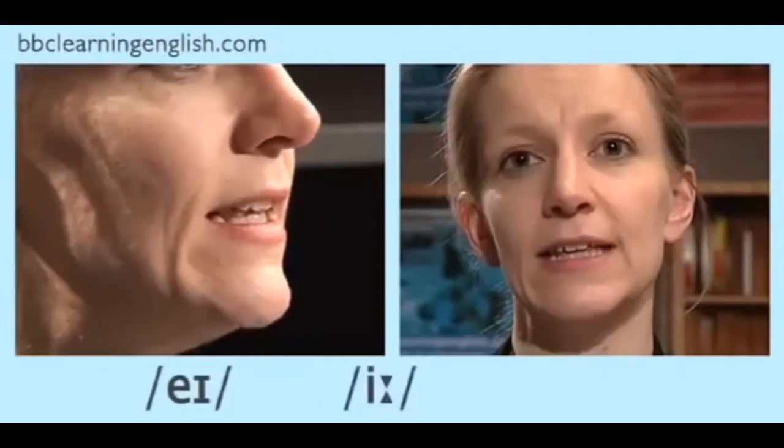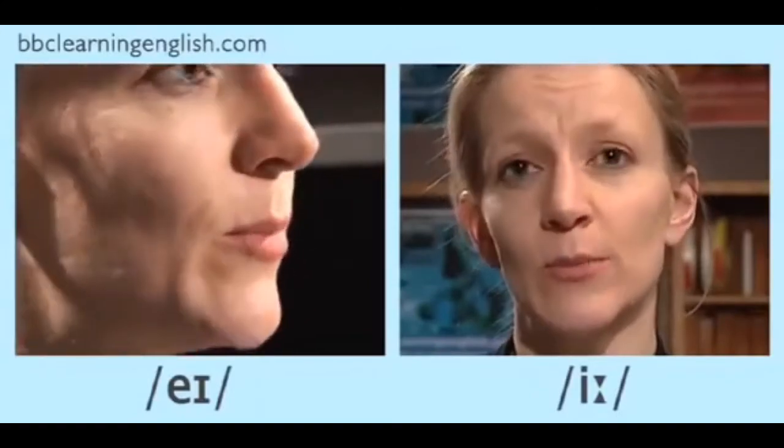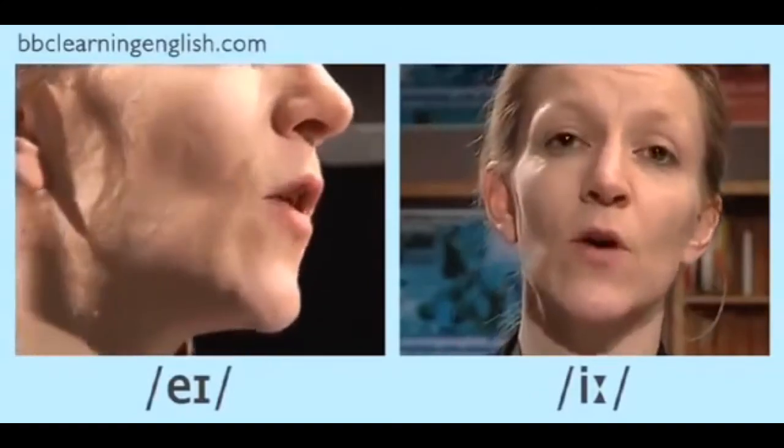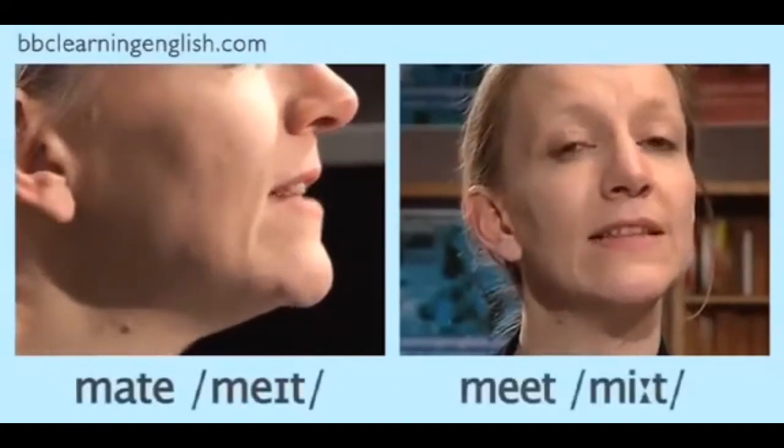For speakers of some languages, it may be difficult to tell the difference between this diphthong A and the long vowel E. Listen carefully to hear the difference. For each example, I shall say the word with the diphthong A first. Ate, eat, faced, feast, great, greet, mate, meet.